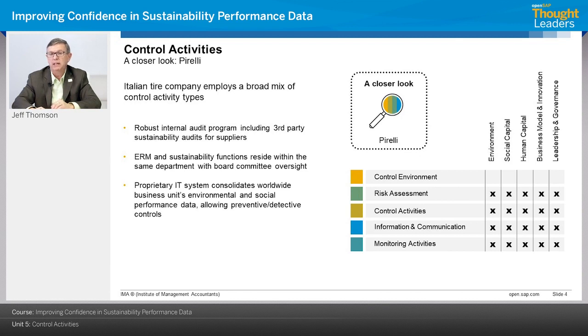They have a proprietary IT system that consolidates worldwide business unit environmental and social performance data with a mix of preventative and detective controls. So technology can be a great enabler to an effective system of internal controls over both financial reporting and non-financial reporting.